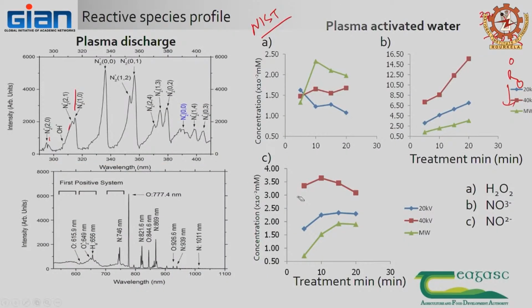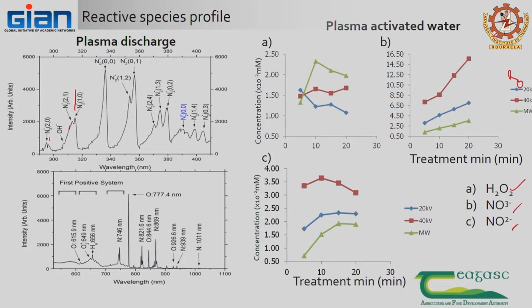This characterization is done only one time with an equipment, and it becomes further complicated to measure these species when you are dealing with a food product. Is it clear?